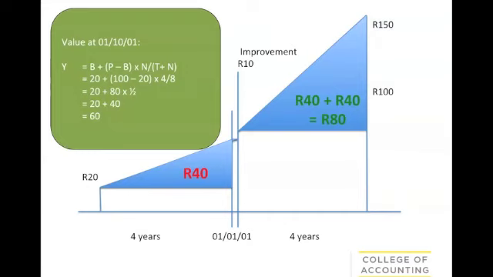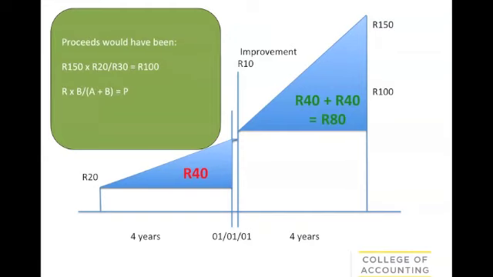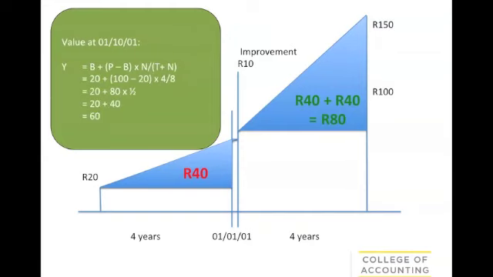Well, it's the initial purchase price of 20 Rand plus P, which is now the amount that we got from the previous calculation of 100 Rand, minus the 20 Rand original expenditure, multiplied by 4/8, 4 years before October 2001, as a proportion of the total period that we've owned this asset, which gives us 20 Rand plus half of 80 Rand, which is 20 Rand plus 40 Rand, which is 60 Rand.